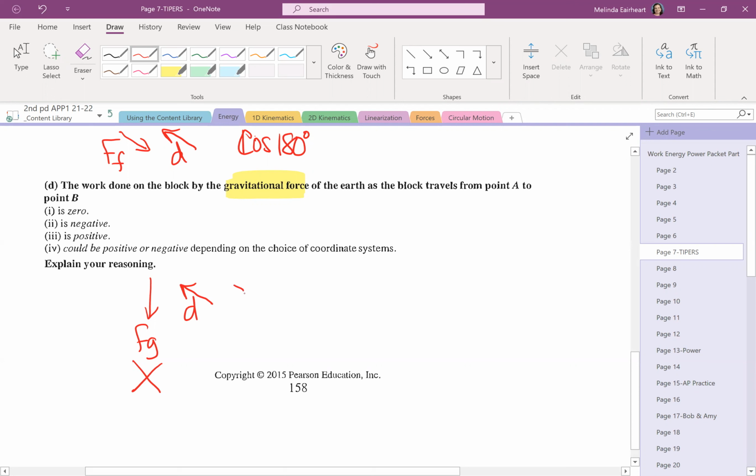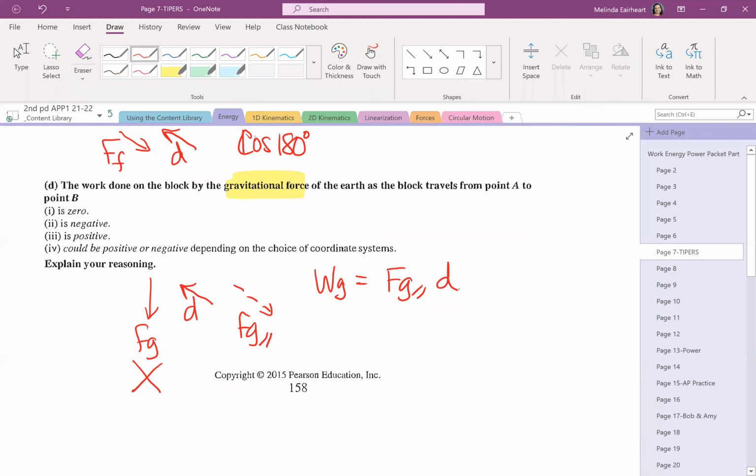Use that component of FG parallel trying to bring it down the ramp. Okay, so take that component approach. And so the work done by gravity is the parallel component of gravitational force times distance. And if you draw it out the way I have, what kind of work is gravity doing? Negative. It's trying to pull it down, but the object's going up.